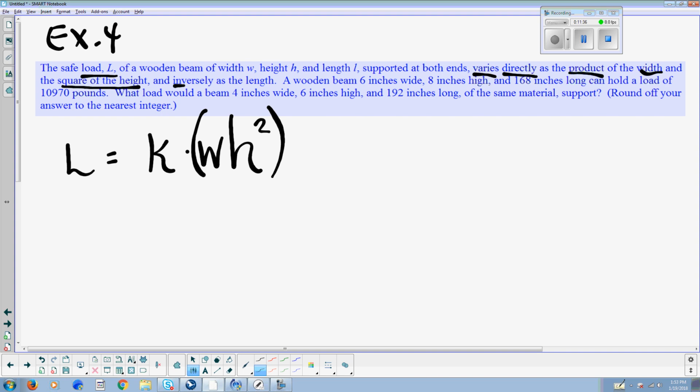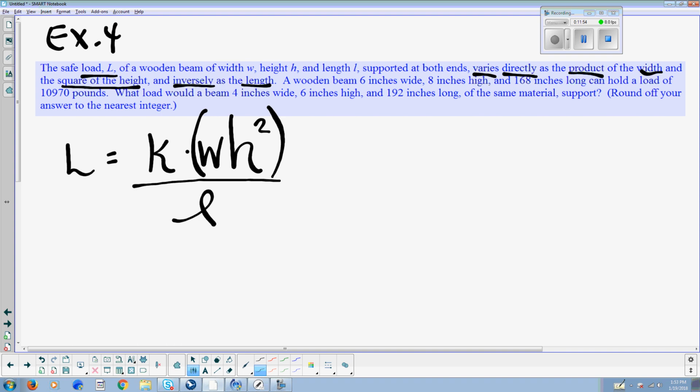And inversely as, so it's going to be k divided by the length. This is the formula. Step 1 is to come up with the formula, and that's probably the hardest part of this particular example, coming up with this really complicated formula.